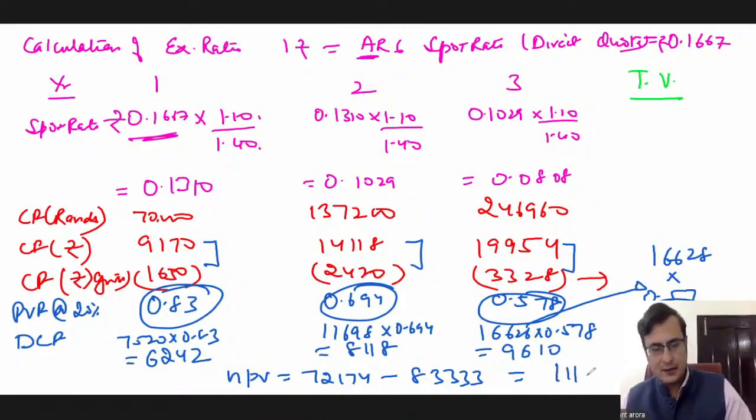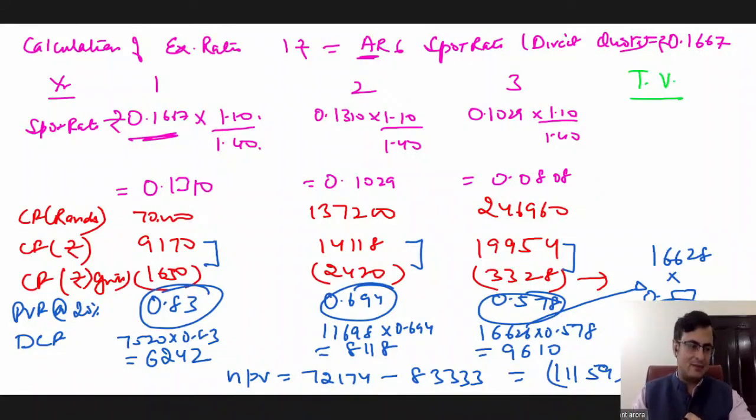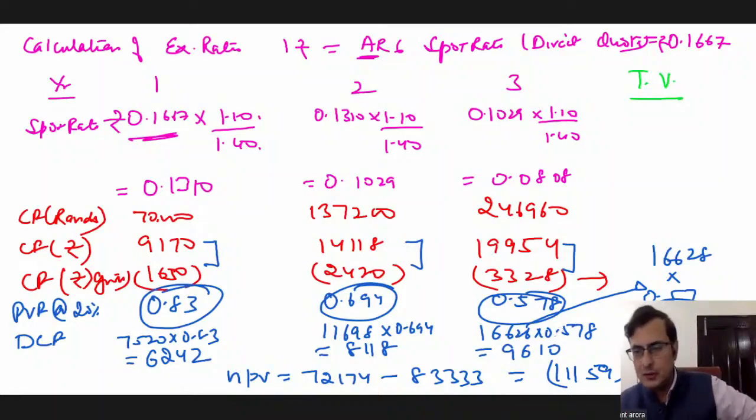So 11159 is coming out to be the negative NPV. Since the NPV is negative, you are rejecting this particular project. It's not worthwhile, therefore reject. Sorry, I have less space. You can understand.